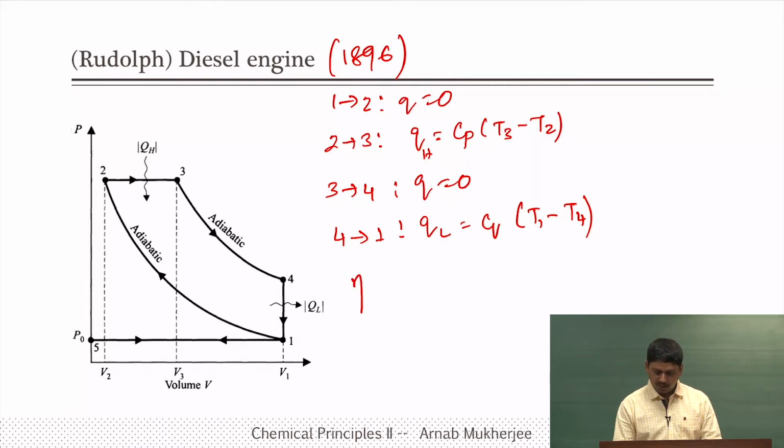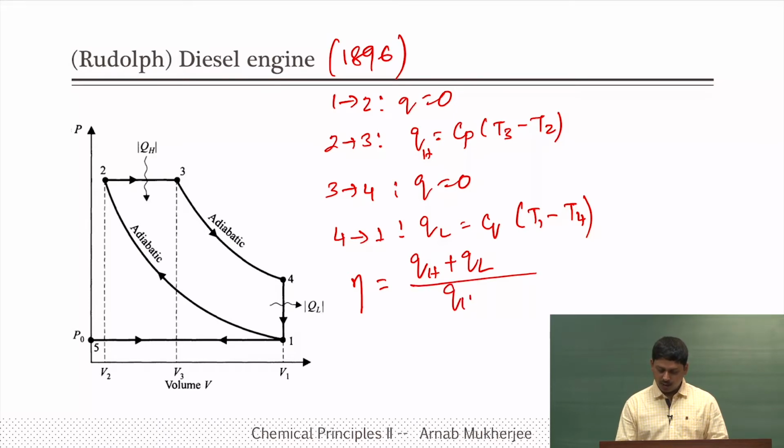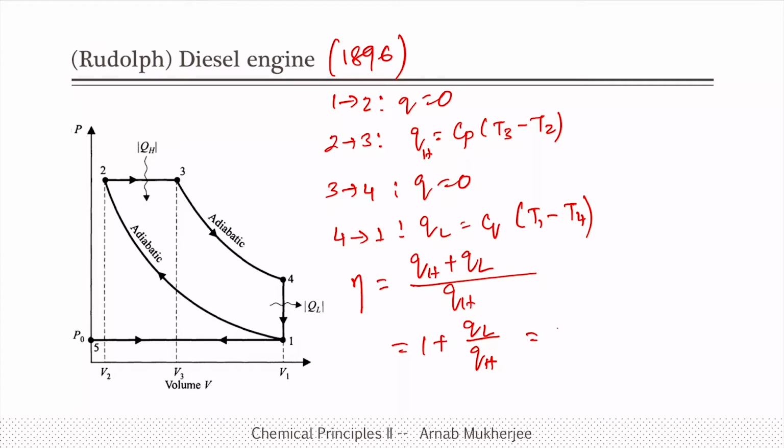When you calculate the efficiency eta, it is again the same. The total work done by the system is QH plus QL, as I explained just now, and the heat input is nothing but QH only. So, it will be 1 plus QL by QH. We can write down one more step here: 1 plus Cv (T1 minus T4) by Cp (T3 minus T2).